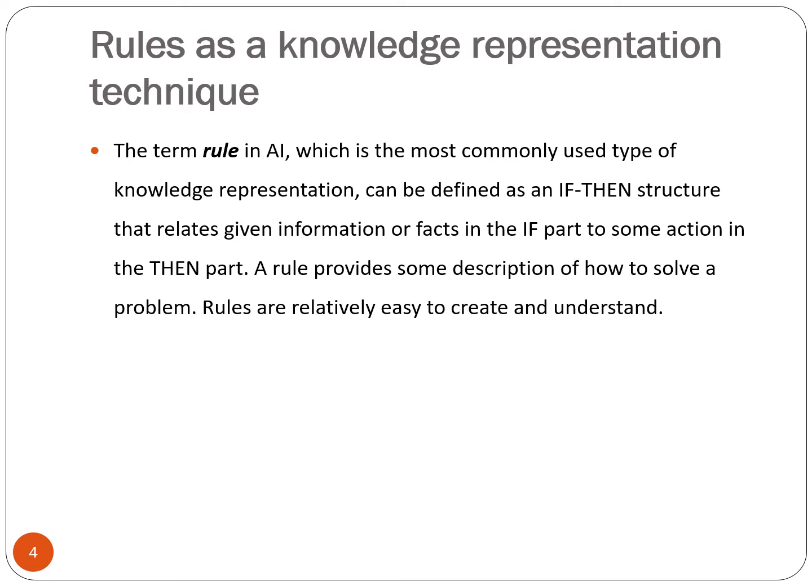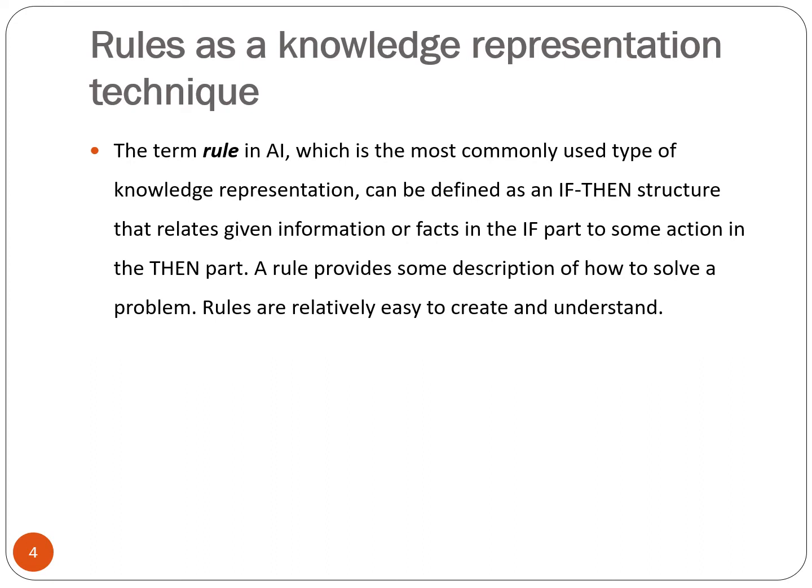A rule provides some description. Looking back at the traffic light, a traffic light is red, a traffic light is green. It gives us some description of how to solve a problem, and we refer to the action. In the previous example, if the traffic light is green, the action is go.